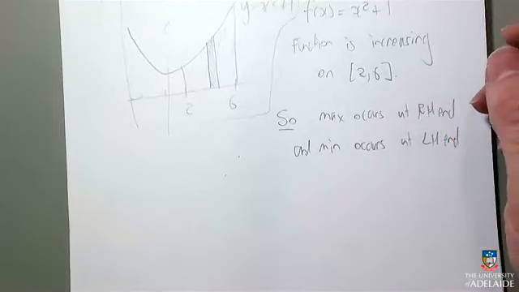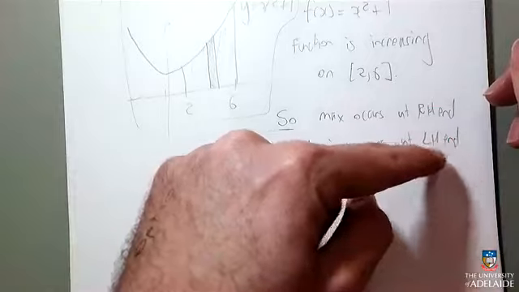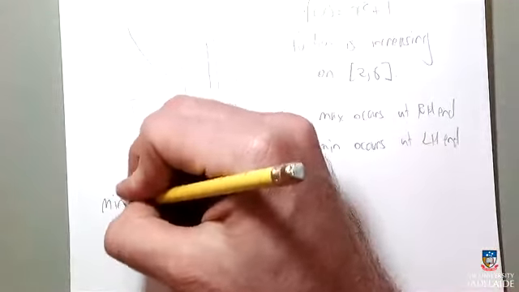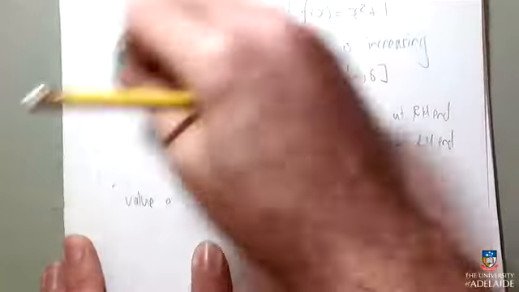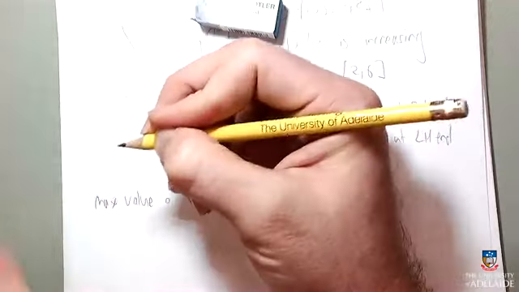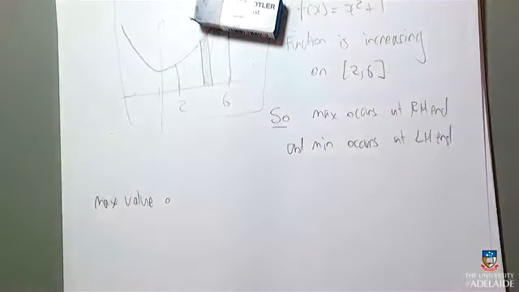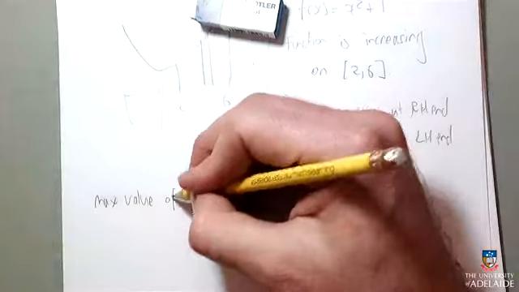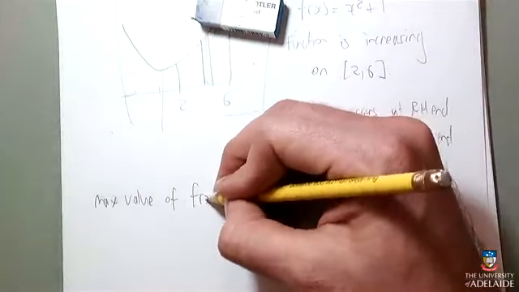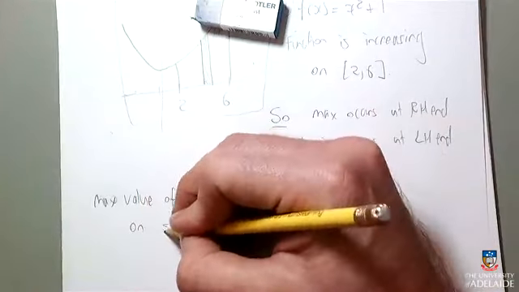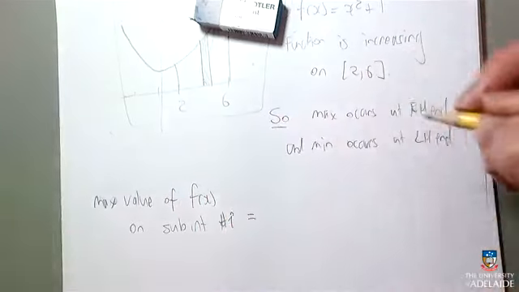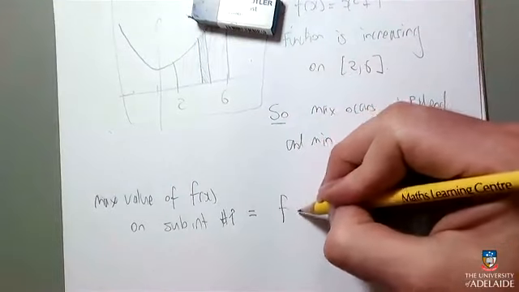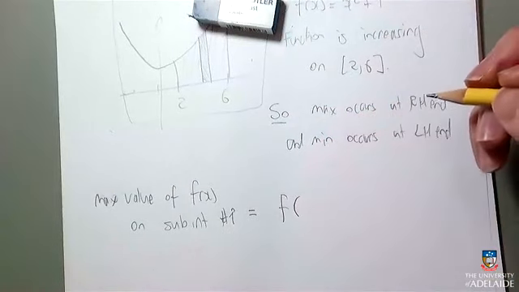If I had a decreasing function, I would calculate the minimum first. So the minimum value, sorry, I was supposed to do the maximum, sorry about that. There's no reason you can't do them in any order, but this just makes my work easier. So the maximum value of my function on subinterval number i is f of the left-hand end.